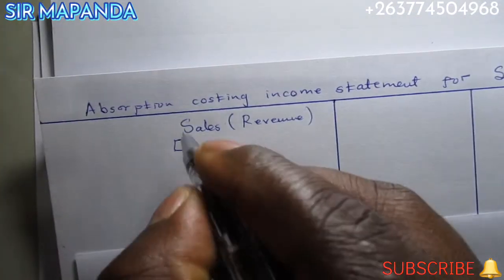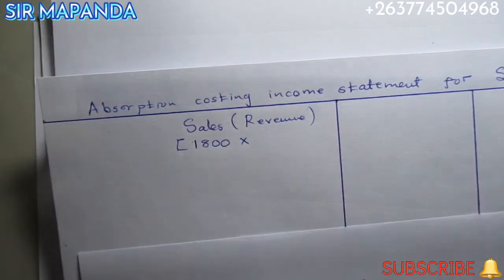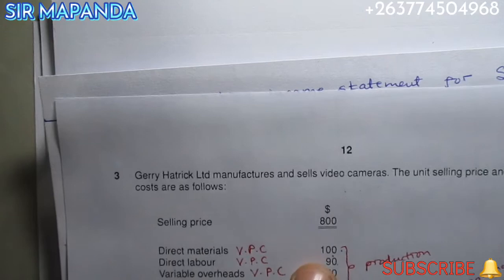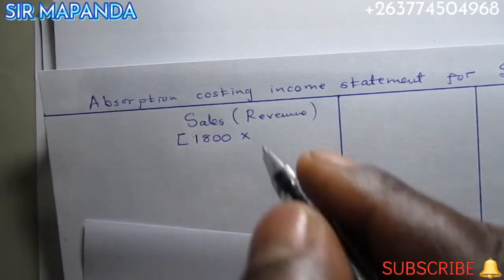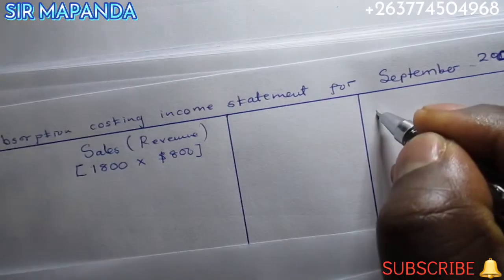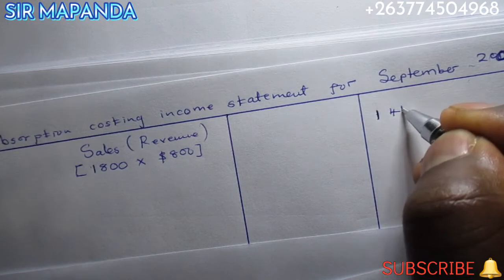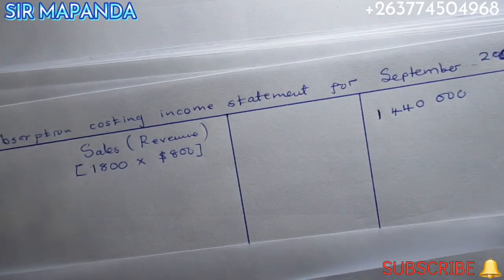So I'm going to multiply 1,800 units sold with the given selling price per unit, which is $800 here. So you multiply this by $800. I hope you are following, class. Right here, 1,440,000, something like this.